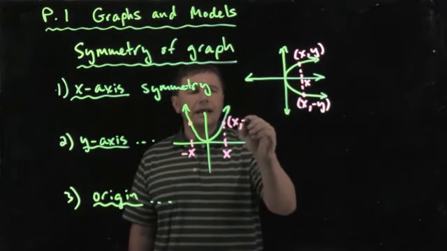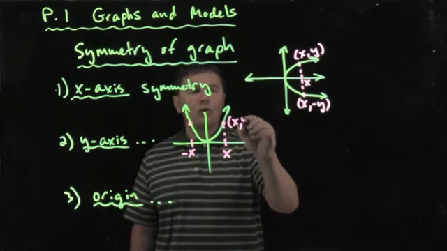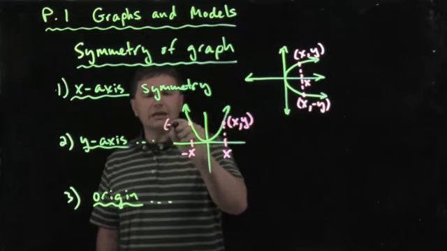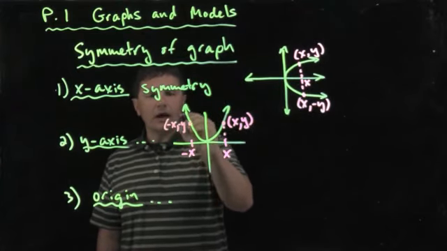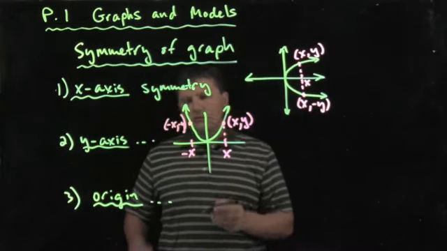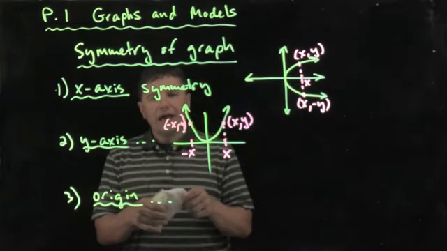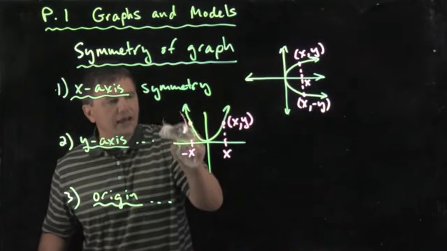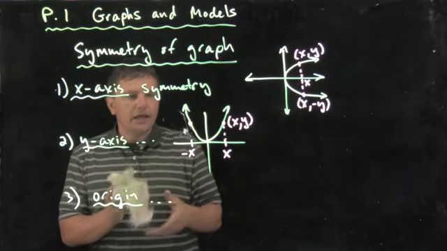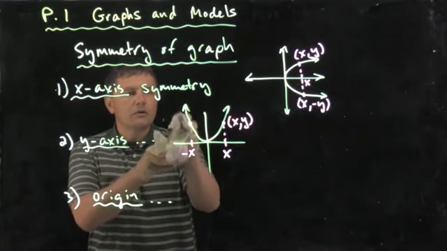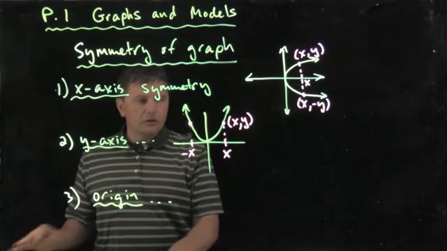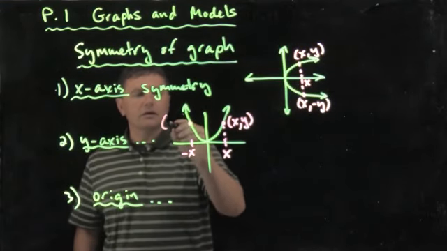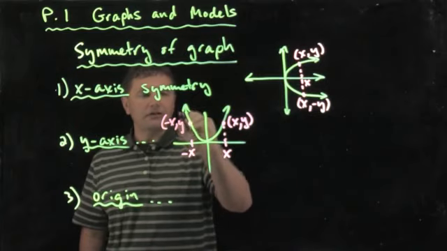So this would be x, y, and this would be negative x, negative y. Excuse me, negative x, positive y, same, not opposite. Getting ahead of myself. Okay, so this would be negative x, positive y.